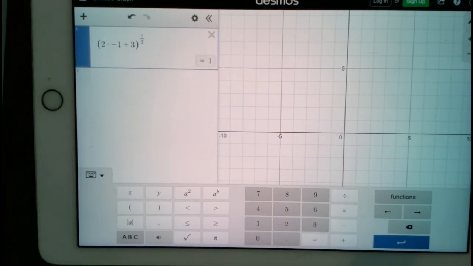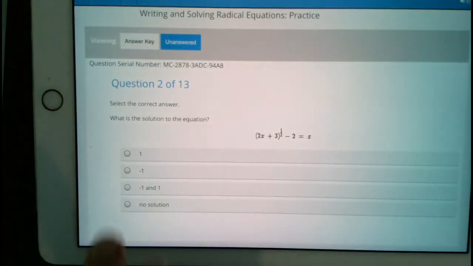Then arrow out of that, and then -2, because that's what's on the left side of our equation. What we want is for this to equal -1, because on the other side of the equation it's an x, so it has to equal that. Because that ended up being a true statement, -1 is our solution to this problem.